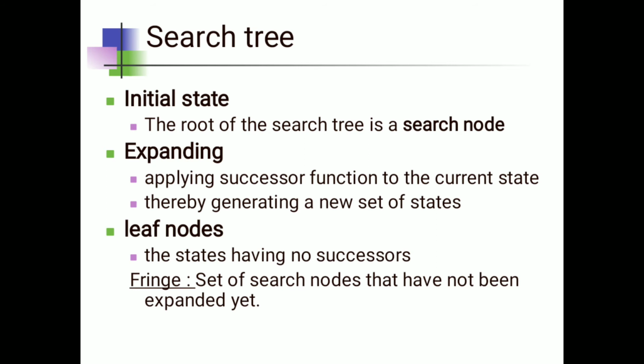Similarly here we have the initial state, then we explore the initial state into different branches, and at the end we reach a leaf node which doesn't have any successor. Then the fringe is the set of search nodes that have not been expanded yet. So if a node is not expanded yet, it is called the fringe.